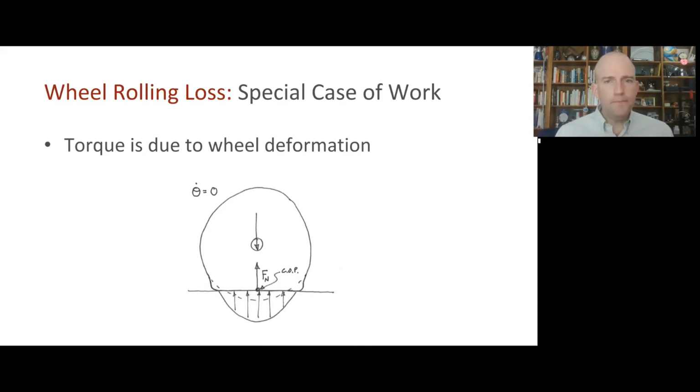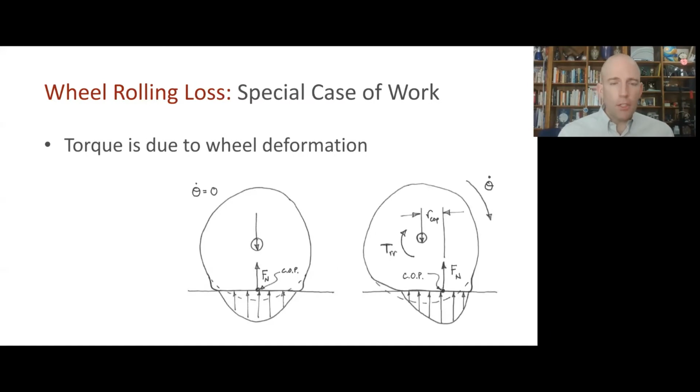If we then try to make the wheel roll, because of pinching and shearing of the material, and because of hysteresis as the material is squished and then recovers, we're going to get some material bunched up on the front edge of that contact with the ground. That will cause this pressure distribution to shift forwards.